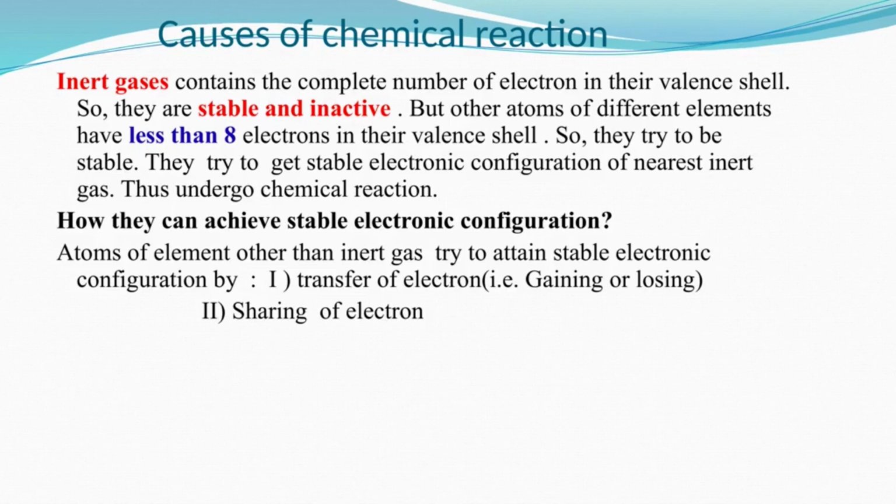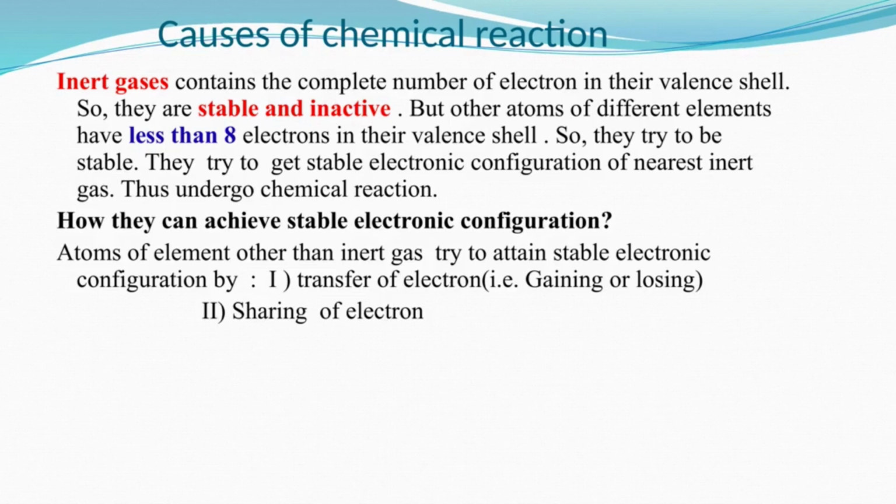Okay. So, what happens? Those elements which have less than 8 electrons, what will they do? They will try to be stable. So, their intention is to be stable. They try to get the stable electronic configuration of the nearest inert gas.